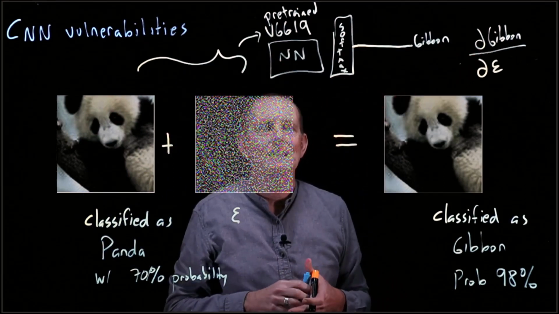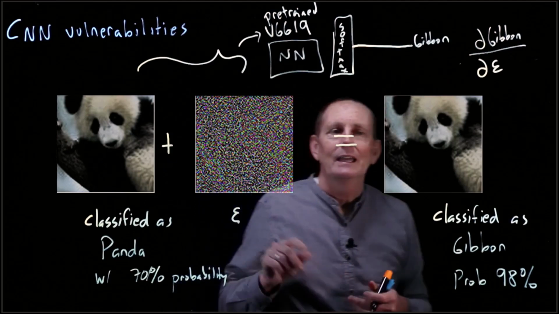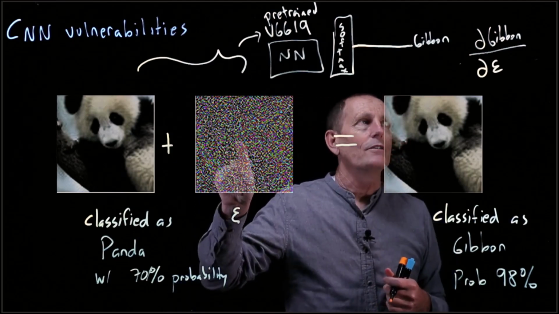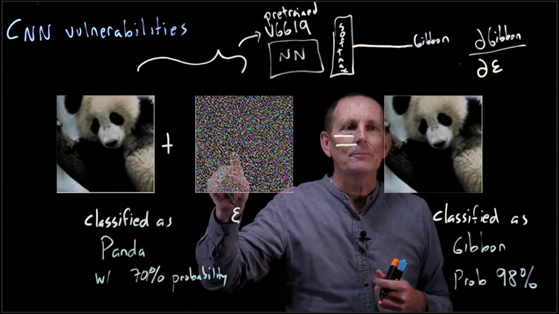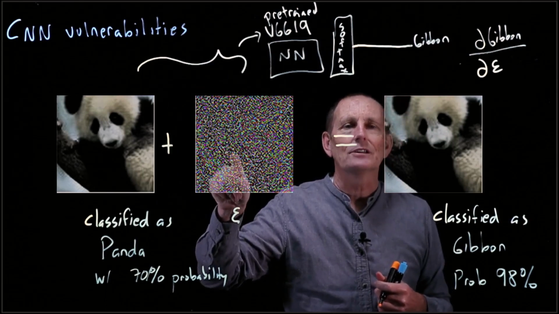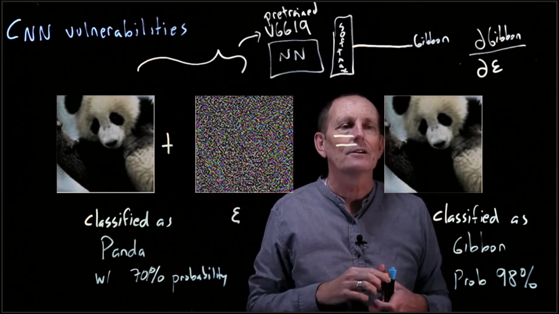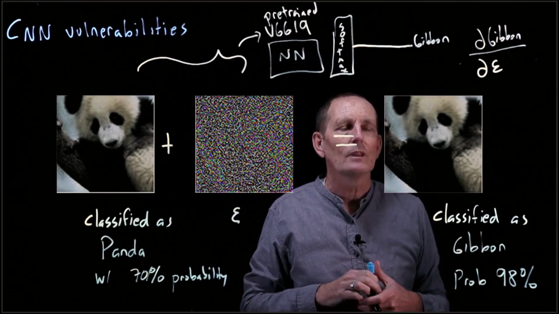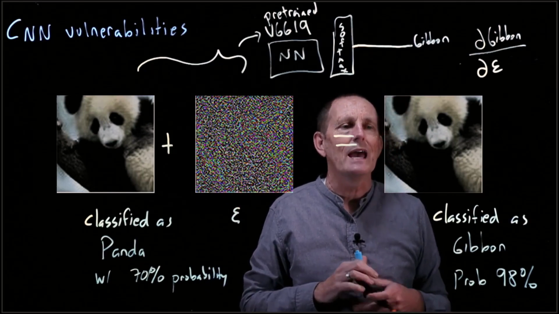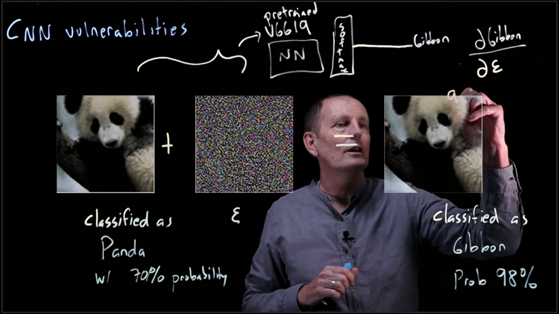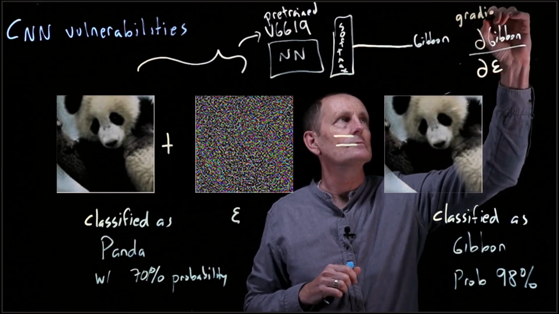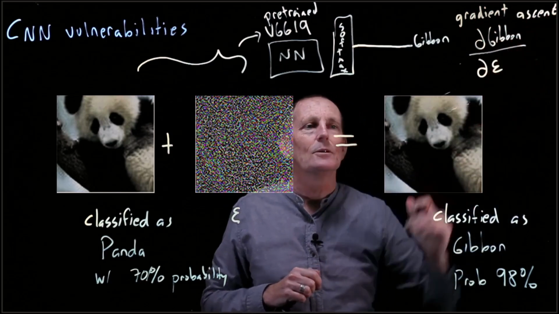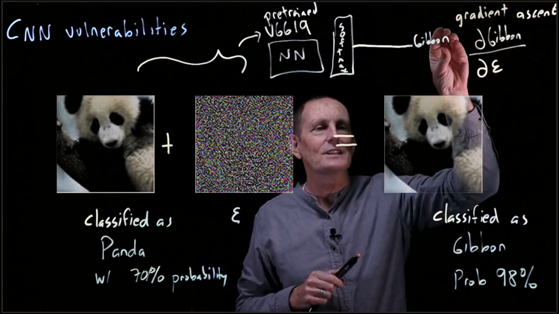What that really says is what sort of a change in gibbonness will happen if I increase a pixel here, and a pixel here, and a pixel here, and so on. So we'll do this computation and then do gradient ascent, because we want to be increasing the gibbonness.